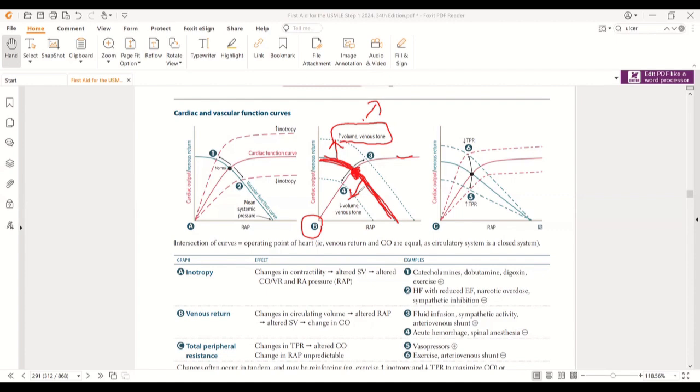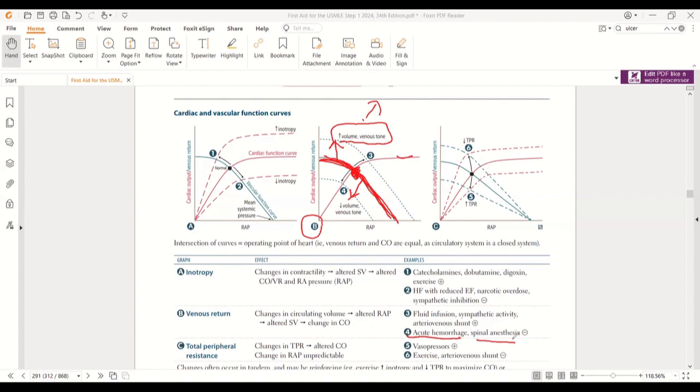Same way, massive hemorrhage leads to decreased venous return, because the veins are the storage vessels. So when blood is lost, the storage capacity of the vessel is decreased, and the blood in the vein is decreased. So the venous return coming toward the heart is decreased, right? Yes. Spinal anesthesia also leads to decreased venous return, right?